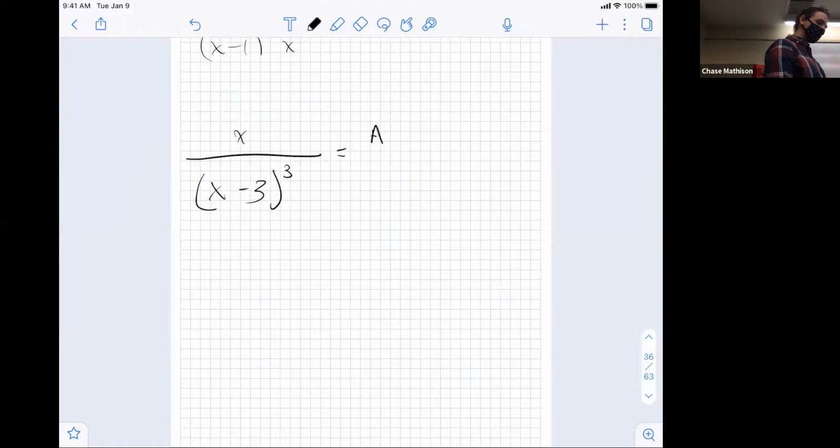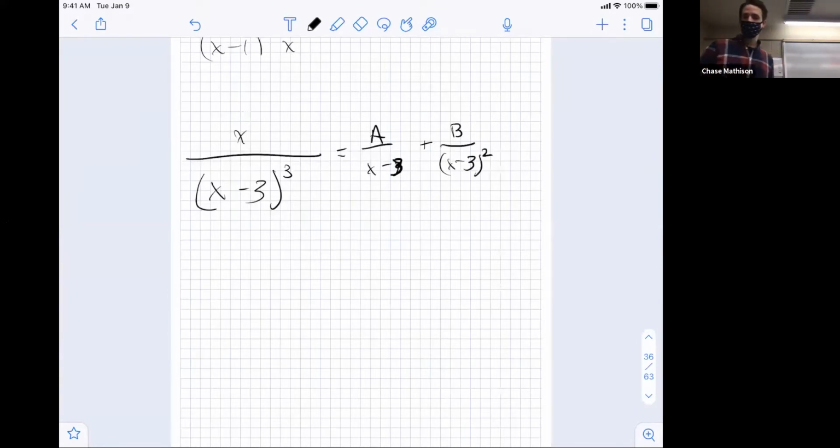So I would write this as a over x minus 3 plus b over x minus 3 squared plus c over x minus 3 cubed. Okay. And so on and so on. You have to have one term for every integer between 1 and the number of times it repeats.